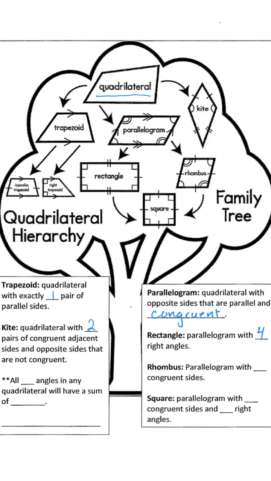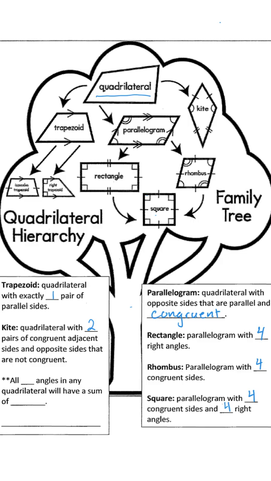And on the other side, you have a rhombus, which is a parallelogram, but it has four congruent sides. And a square is a parallelogram with four congruent sides and four right angles. So when you think about it, a square technically has five correct names, but a square is the most correct.